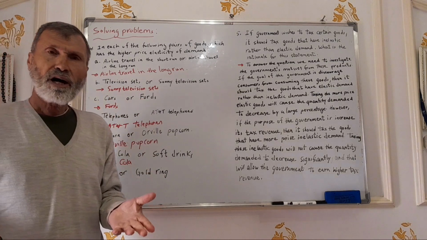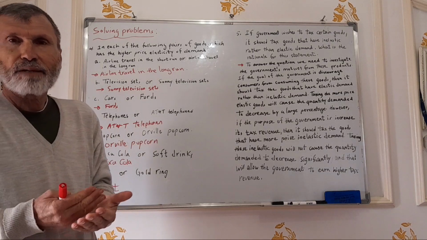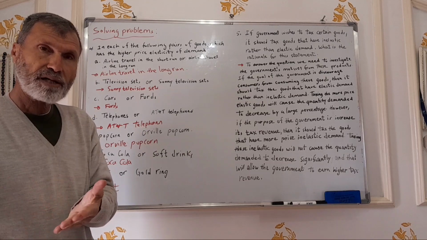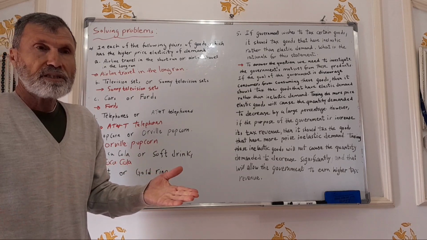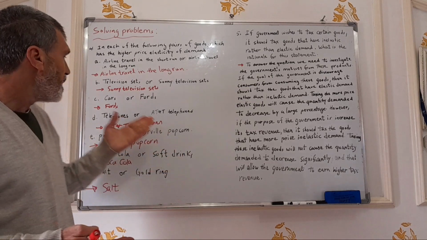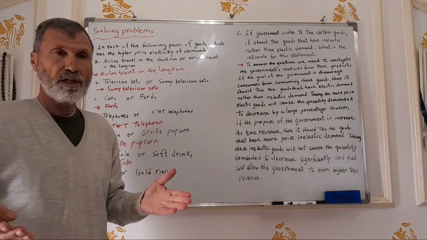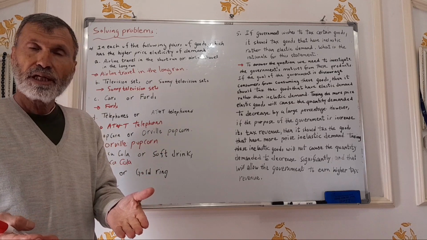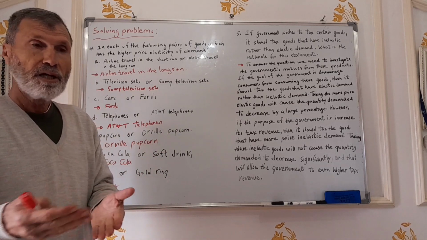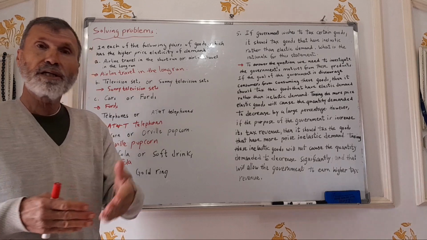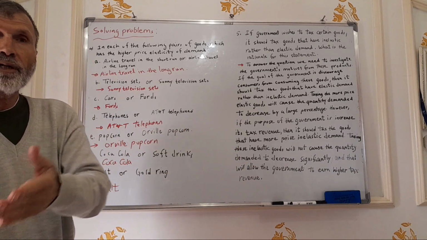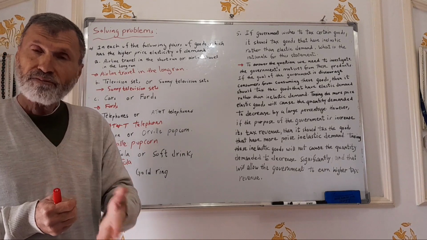Now, what about cars or Fords? Of course, cars have fewer substitutes than Fords. Ford is a brand of car. What substitutes do we have for cars? Walking is a substitute. We can have bicycling, taking a bus, getting on a train, for instance.